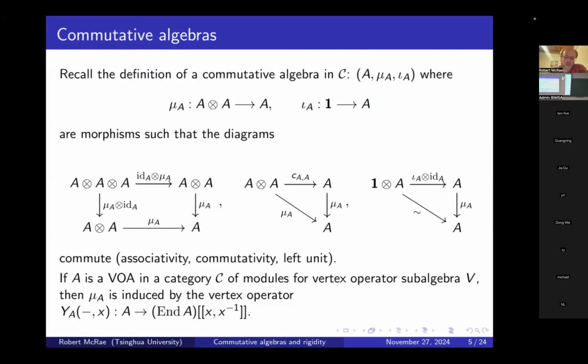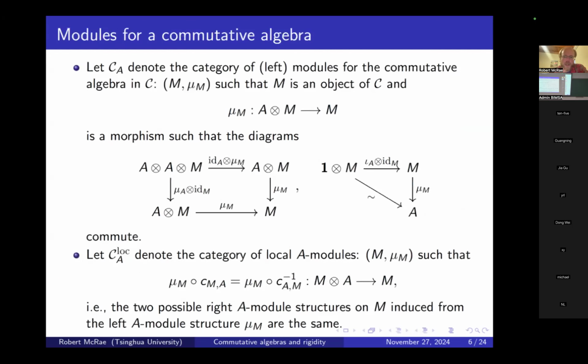So that's a commutative algebra. And then we can also do representation theory for commutative algebras in braided monoidal categories. So I want to use CA for the category of modules for the commutative algebra. I could consider either left modules or right modules, and I prefer to have the algebra acting on the left side.